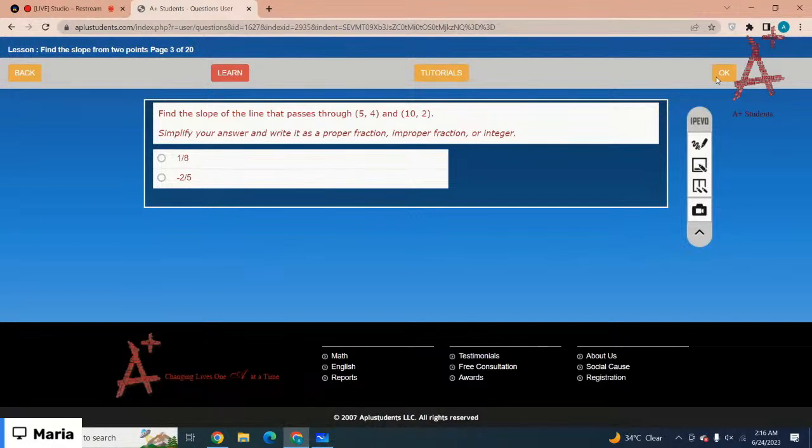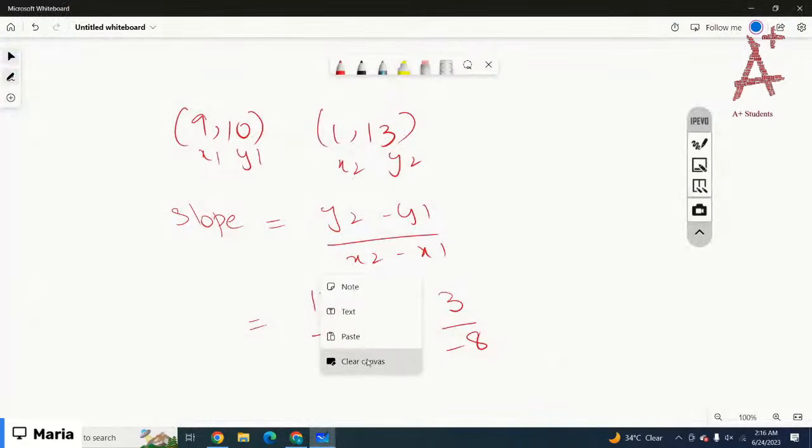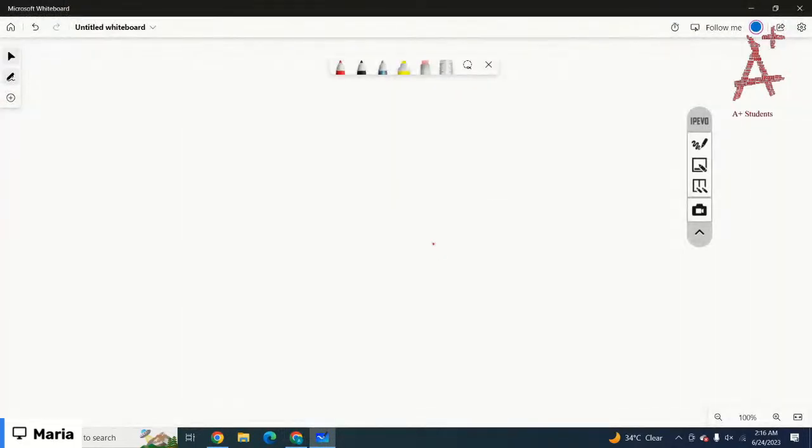Okay, find the slope of the line that passes through (5, 4) and (10, 2). So the points are 5, 4 and 10, 2. So the coordinates are x1 and y1.